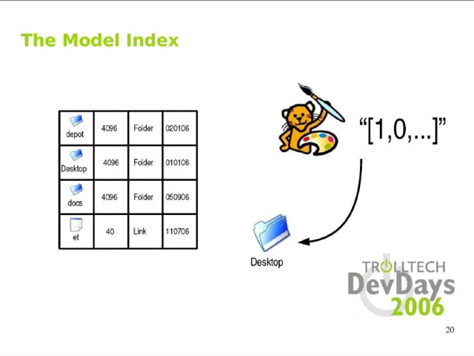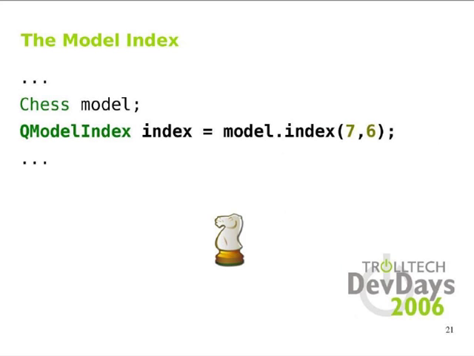And we do the same thing. In the interface, in this case, the delegate will ask the model, please give me the item in row 1, column 0, and then some additional information that I'm going to explain. And the model will then give the delegate something that indicates a position in the data structure. In this case, it references the desktop item.